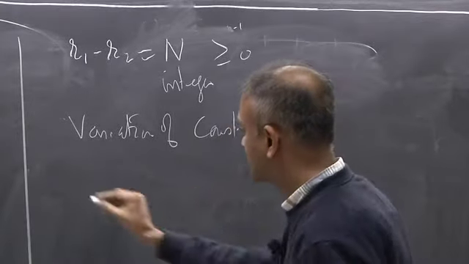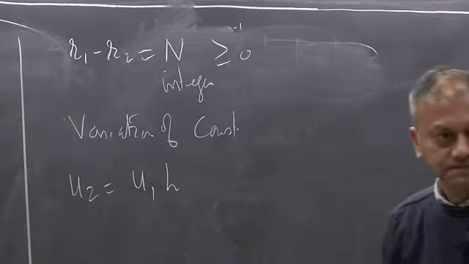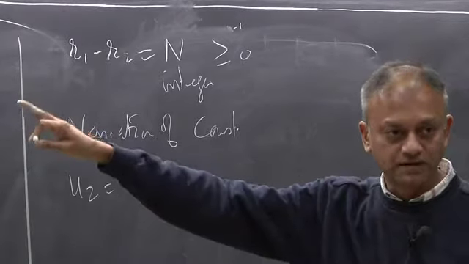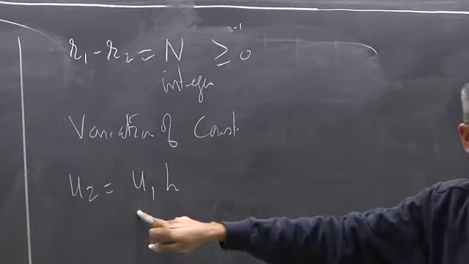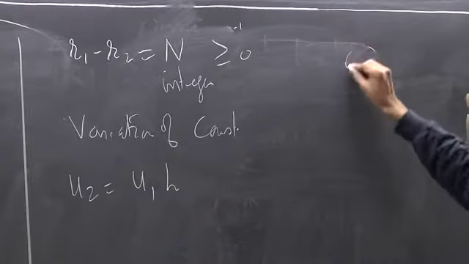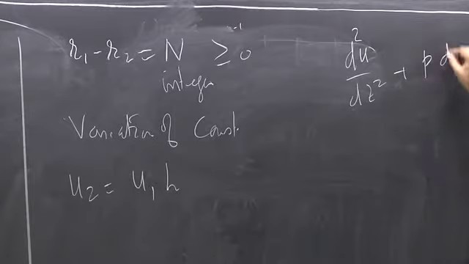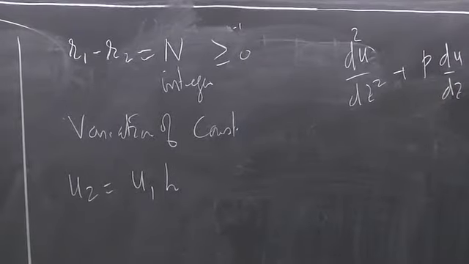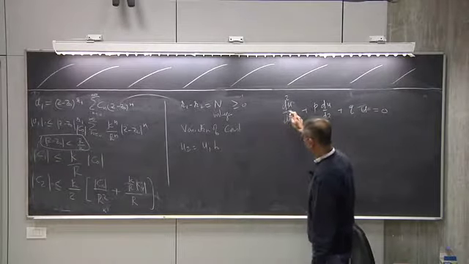The idea here was to write u2 as u1 times some function h, and then plug that back into the original differential equation, d2u/dz2 plus P du/dz plus Q times u equals 0. Use the fact that u1 already solves the equation.